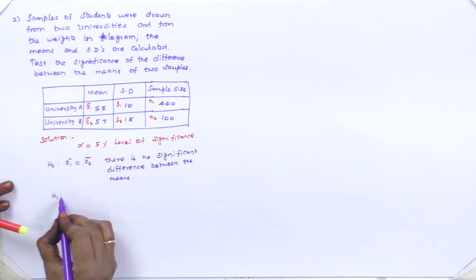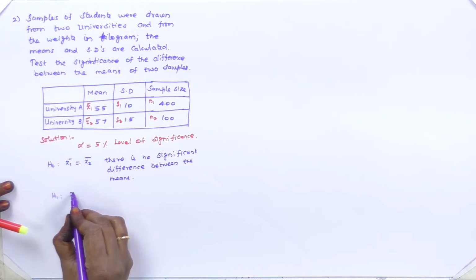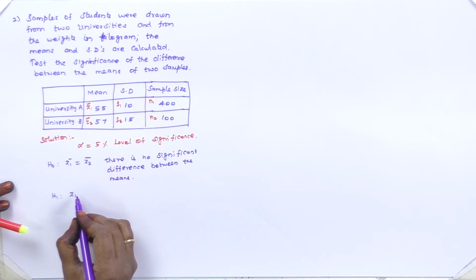Next we set up the alternative hypothesis: x1 bar is not equal to x2 bar, that is there is some significant difference between them.